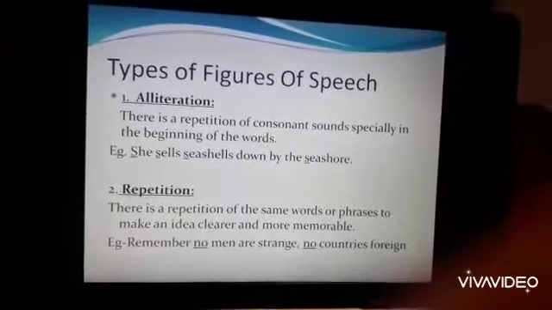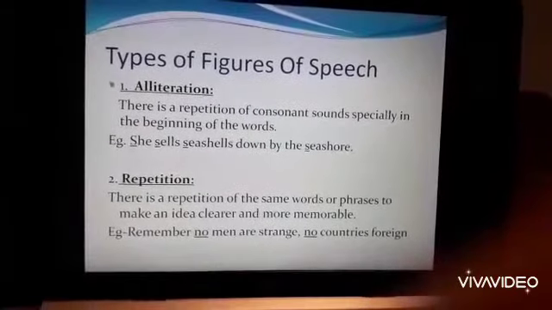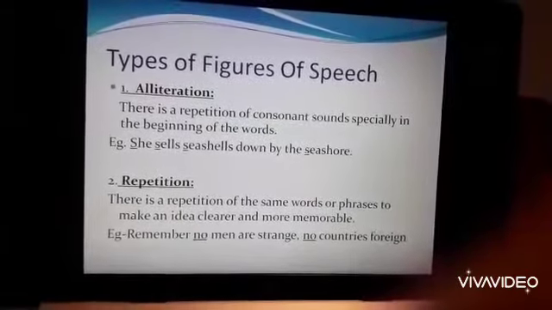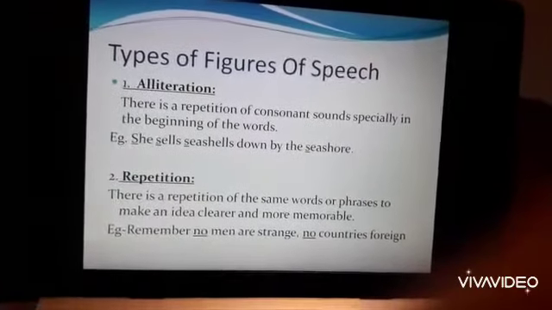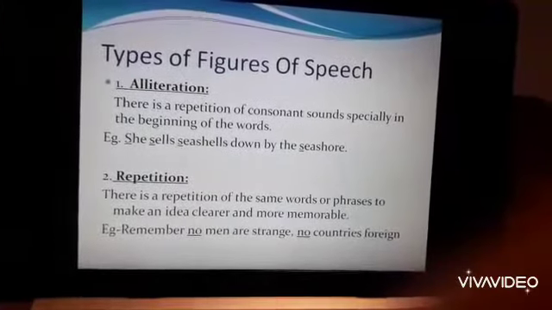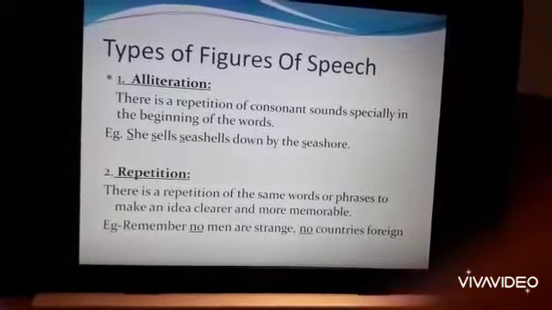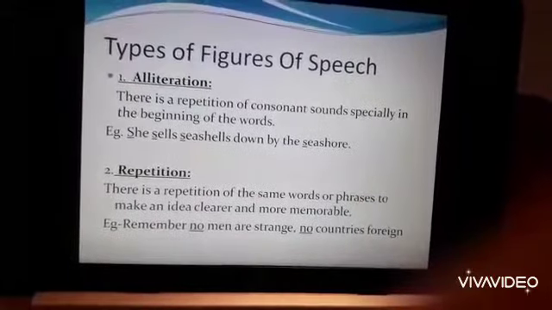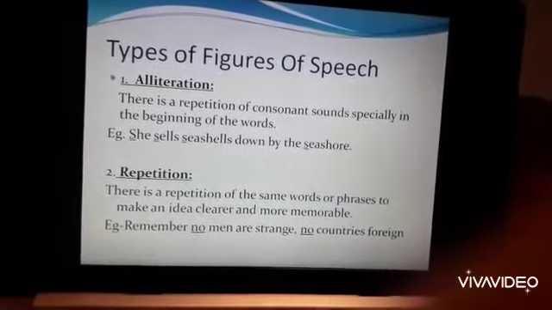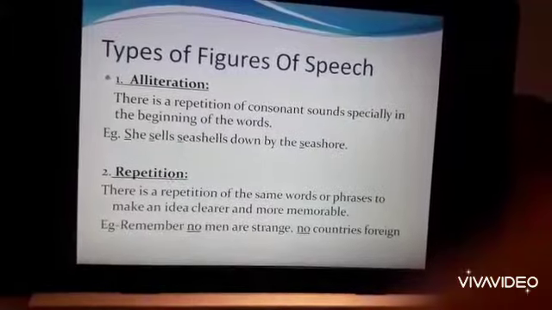Now, we have different types of figures of speech. In that, number 1 is alliteration. So what is alliteration? I'll give you the definition. There is a repetition of consonant sounds, especially in the beginning of the words.